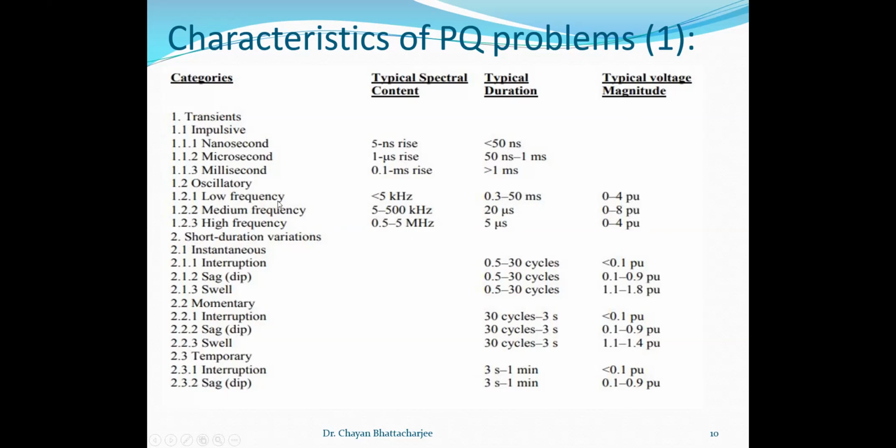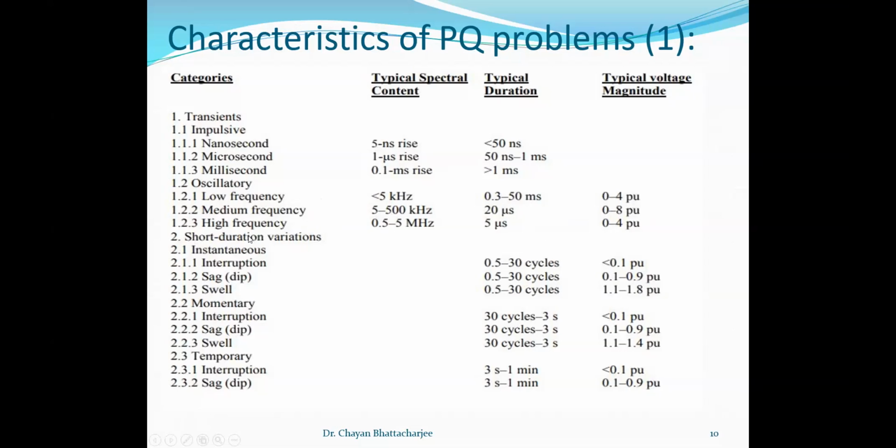Just imagine, if your nominal voltage is 1 pu, say 11 kilovolts on the distribution side, or 3.3 kilovolts, 6.6 kilovolts. If I say 6.6 kilovolts, then 4 times of that, 8 times of that, you can imagine how far it will distort.